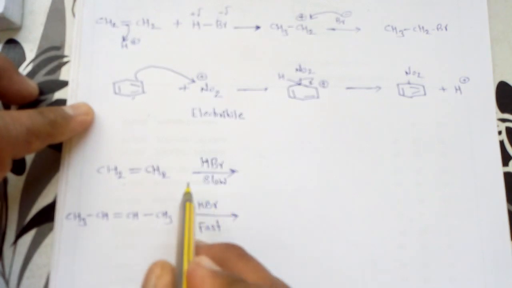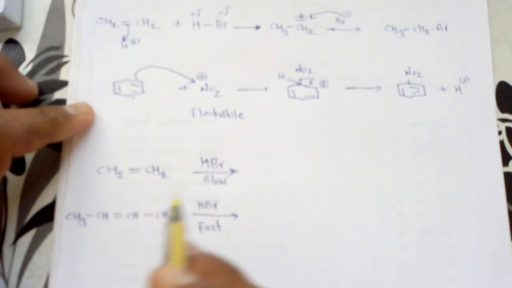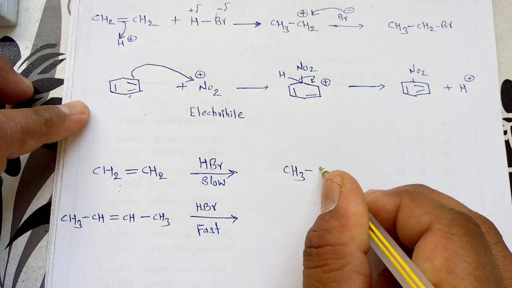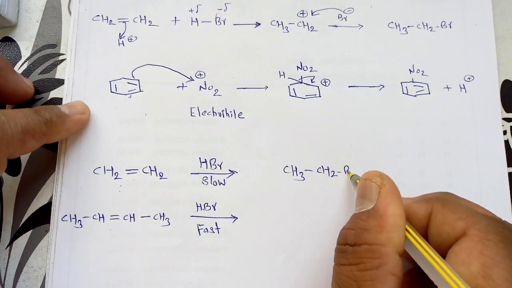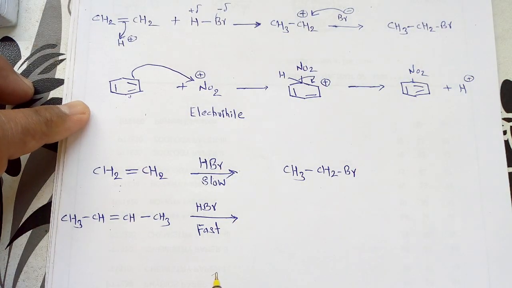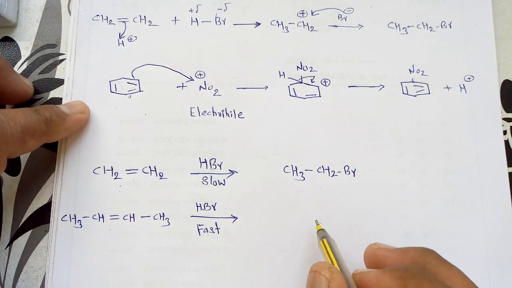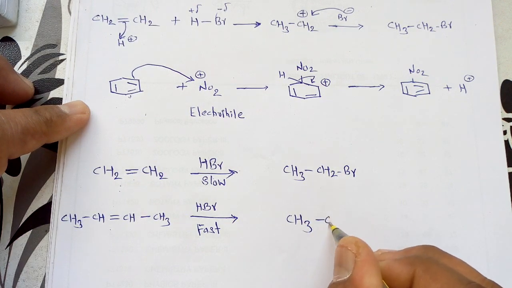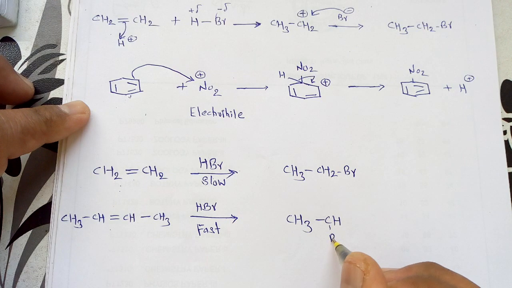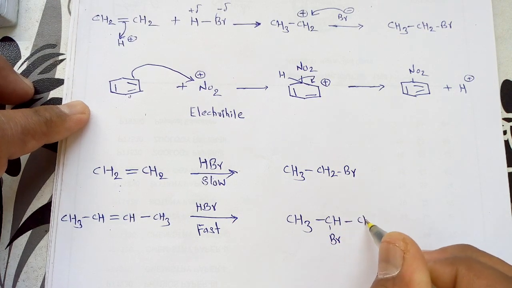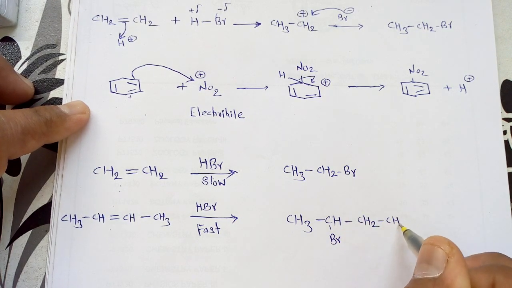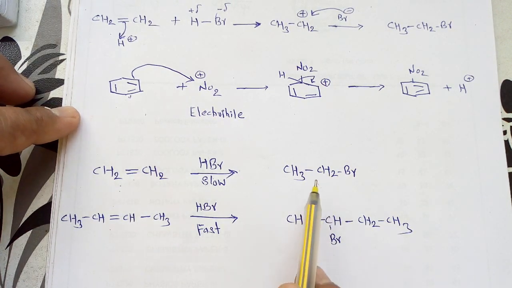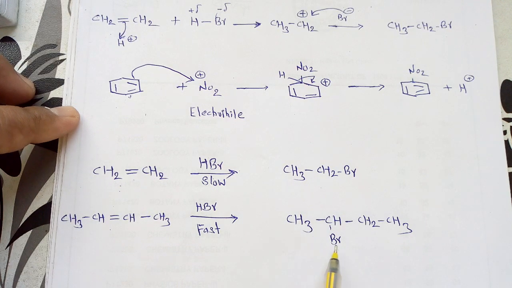Now, when the reaction takes place between ethylene and hydrogen bromide, we get the product CH3 single bond CH2 single bond Br. This ethyl bromide formation takes place, and in the second case we get the compound CH3 single bond CH single bond Br single bond CH2 CH3. So in this case, these two products are obtained. First is ethyl bromide and second is 2-bromobutane.